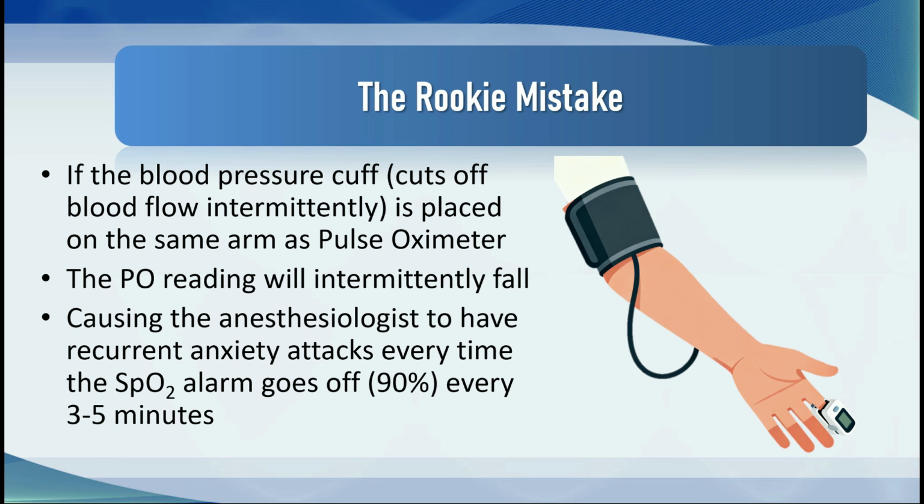So unless you absolutely have to, please put the pulse oximeter on a different arm than the blood pressure cuff. Obviously, if the patient is having surgery on one of their arms, you can't do that, but you can always place it on the toe or the earlobe.